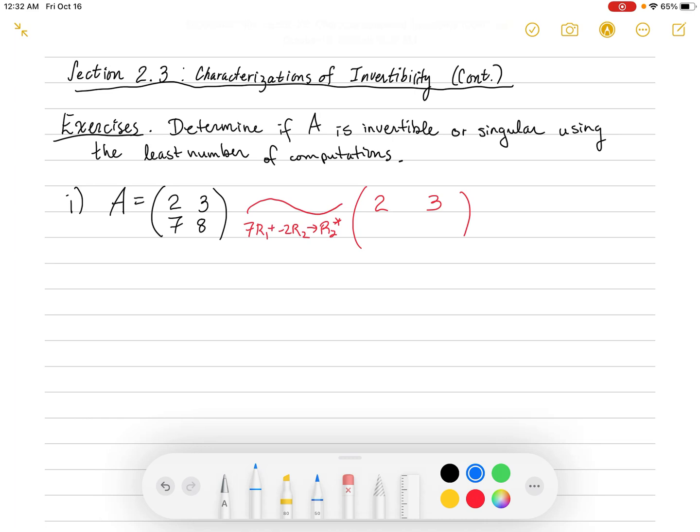We're still going to have 2, 3. But what I'm going to do, I'm going to multiply row 1 by 7. I'm going to get 14 and 21, right? And we're going to add that to row 2, which is multiplied by -2. So we're going to have -14 and -16. Add them together, you get what? 0, 5. It's going to be my new second row.